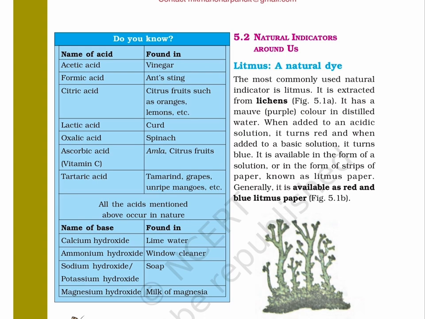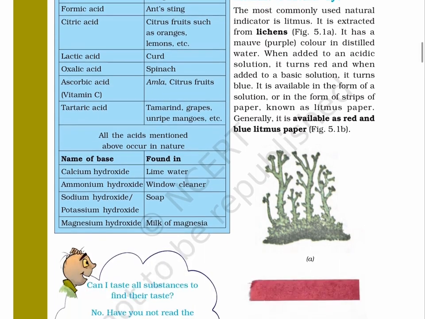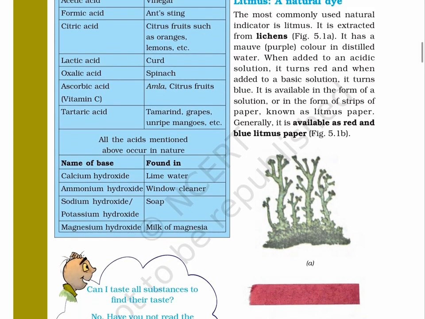Row 1. Acetic acid is found in vinegar. Row 2. Formic acid is found in ants' sting. Row 3. Citric acid is found in citrus fruits such as oranges, lemons, etc.